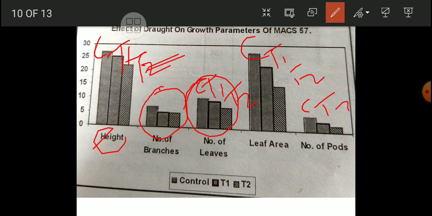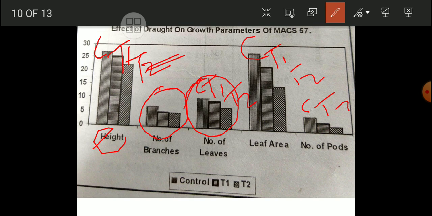By comparison, we come to the conclusion from the data we have arrived at, which we have constructed as multiple bars. With the help of that, we have compared these things and reached the conclusion that the plants grown in the control have the maximum height, maximum number of branches, maximum number of leaves, maximum leaf area, and again the number of pods, isn't it?